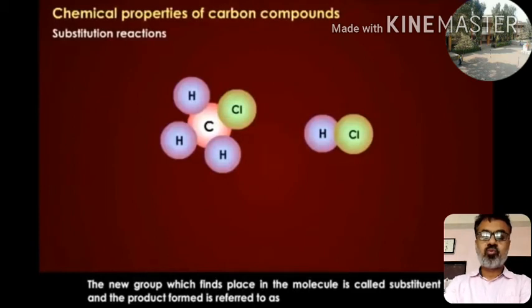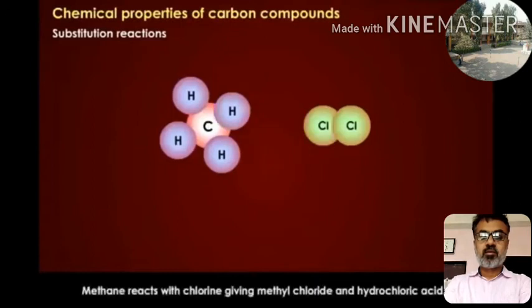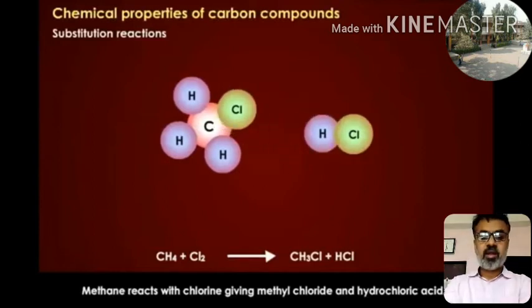The new group which finds a place in the molecule is called the substituent, and the product formed is referred to as the substitution product. Methane reacts with chlorine, giving methyl chloride and hydrogen chloride.